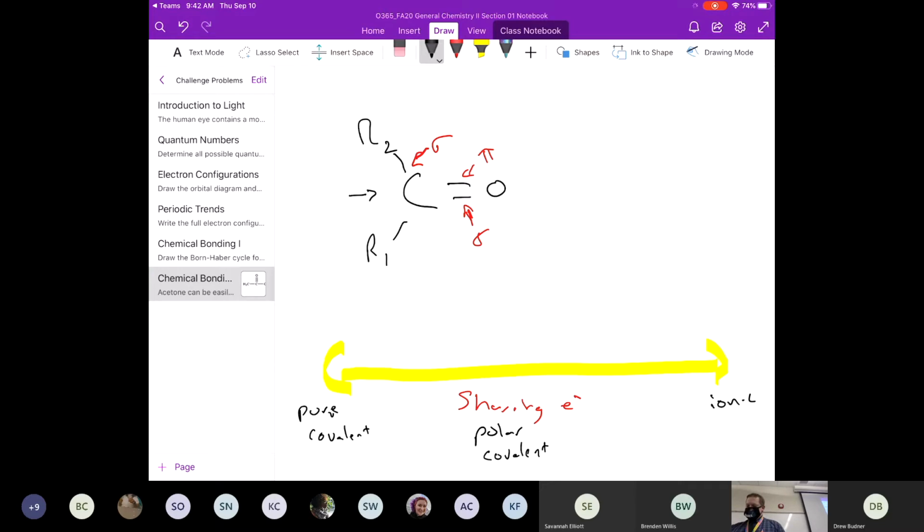Right? So if we look up here in this example, which is more electronegative, oxygen or carbon? Somebody in the virtual world. Which one is more electronegative, carbon or oxygen? Oxygen. Yep.